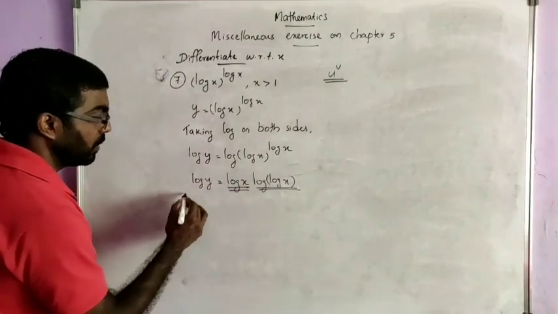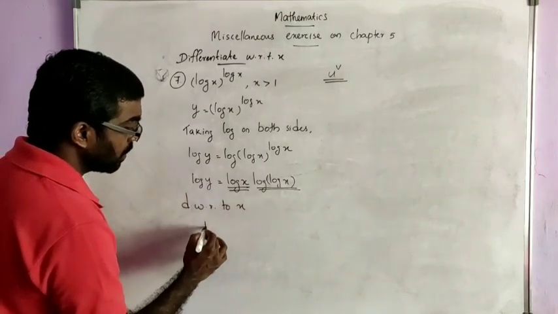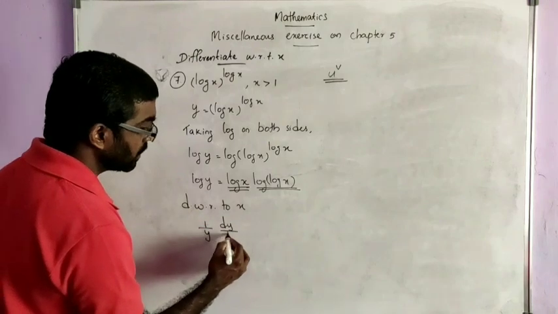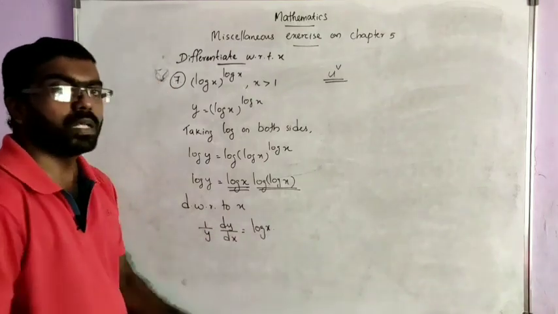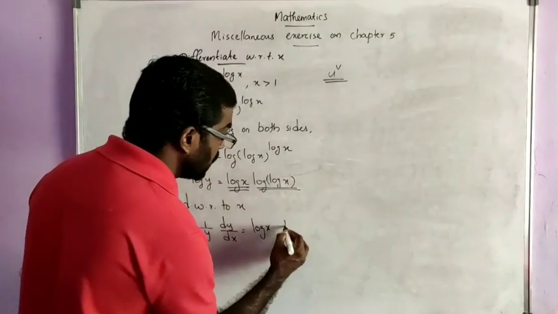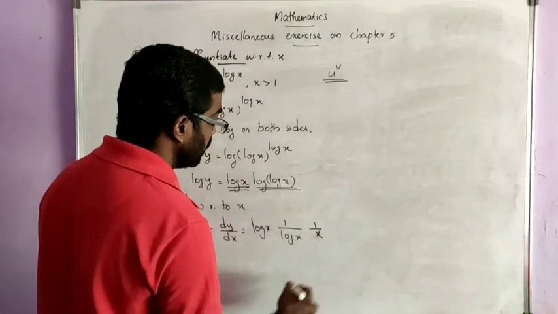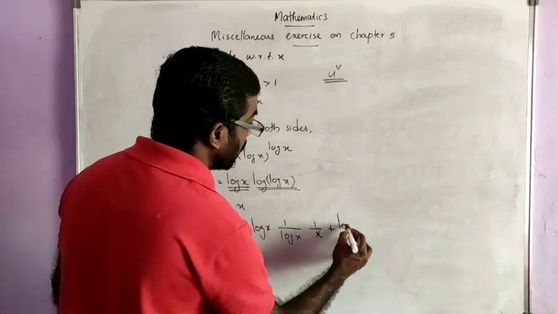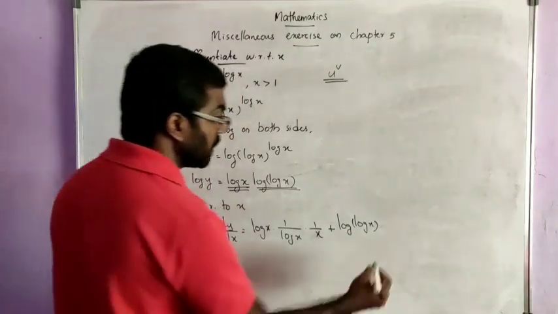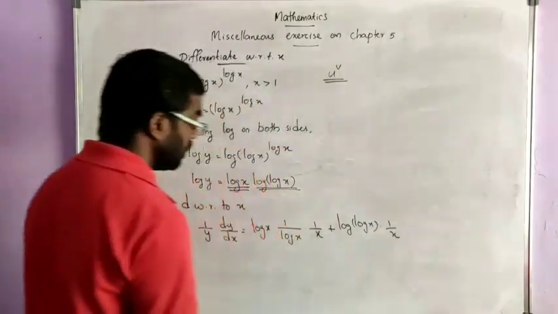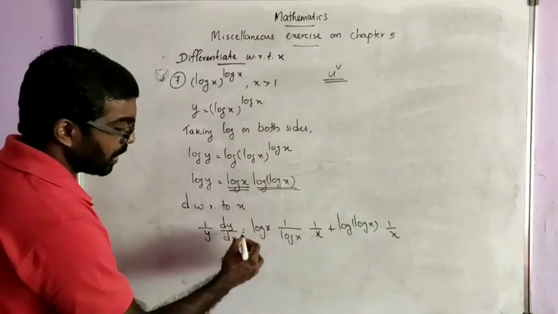Now we can find the derivative, differentiating with respect to x. Derivative of log y is 1 by y into dy by dx, and here the product rule: first function log x into derivative of log x, that is 1 by log x into derivative of log x, it is 1 by x, plus the second function, that is log x into derivative of the first function, derivative of log x is 1 by x. Okay, that is dy by dx is equal to, here we can multiply this y on the right side.